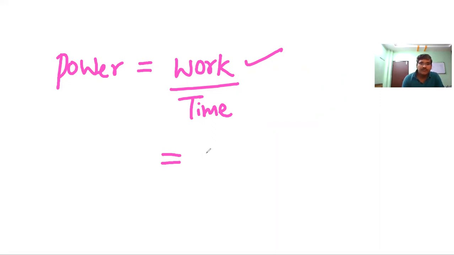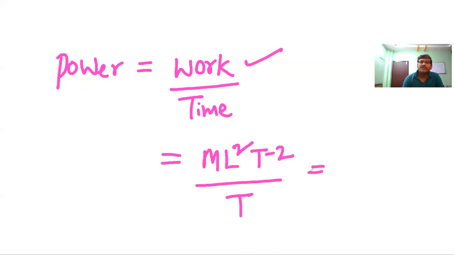The force dimension formula is M L T to the power of -2, and the displacement is L. Hence, M L square T to the power of -2 is the dimension formula of the work, divided by time T. Hence, the power dimension formula comes to be M L square T to the power of -3.